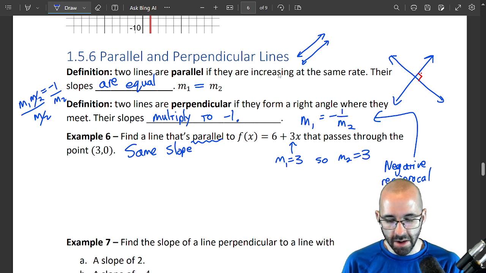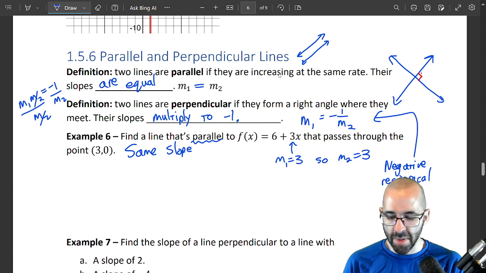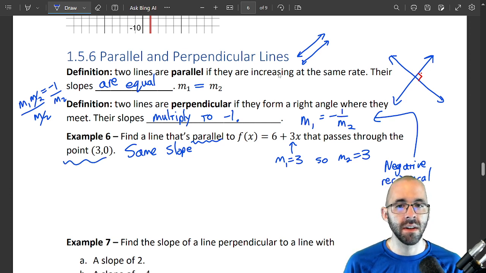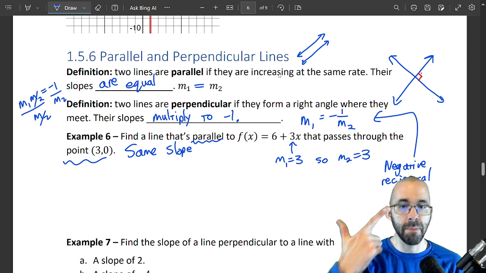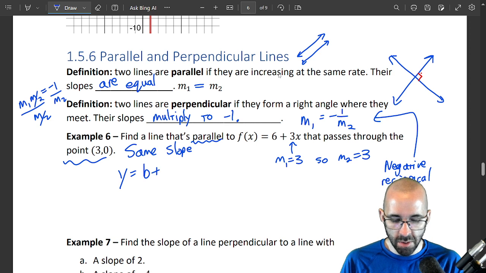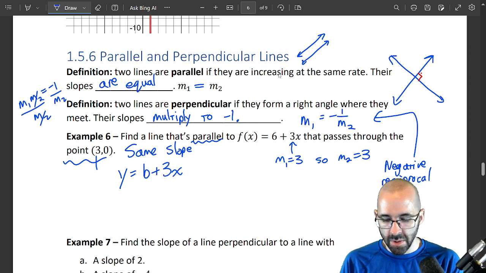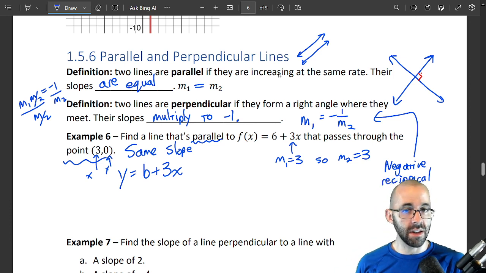So now we need an equation of a line that passes through this point. We know the slope, we know a point. Let's solve for b. We know y is equal to b plus our slope times x. And we know x is 3 when y is 0. Oh, that gives us our horizontal intercept.